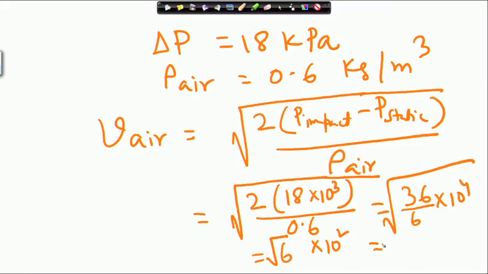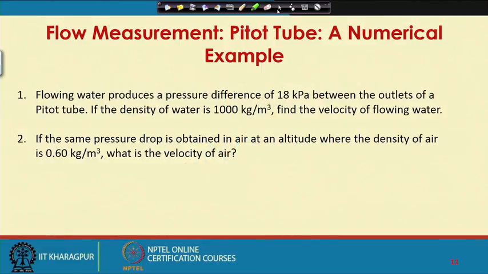Square root of 6 is roughly say 2.45, into 10 square. So, it becomes 245 meter per second. So, the velocity of the air is obtained as 245 meter per second. So, this is a straightforward application of the equations of the Pitot tube.